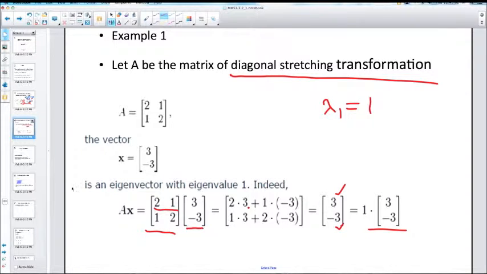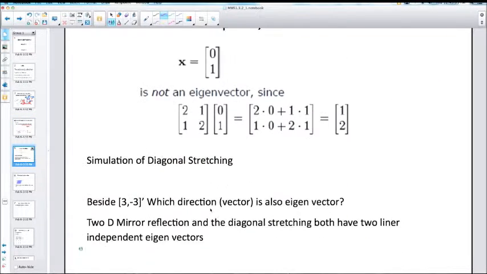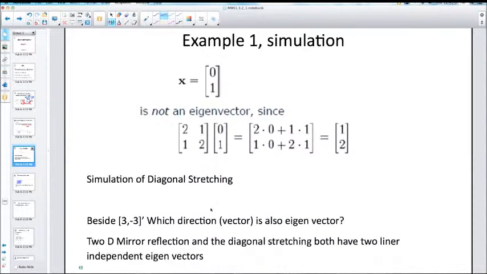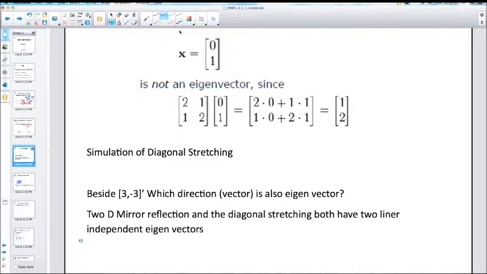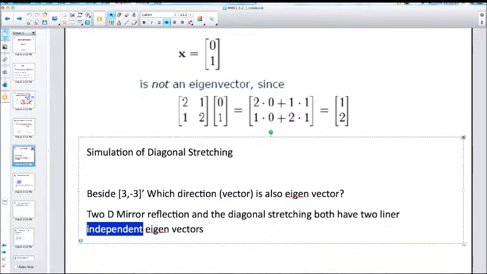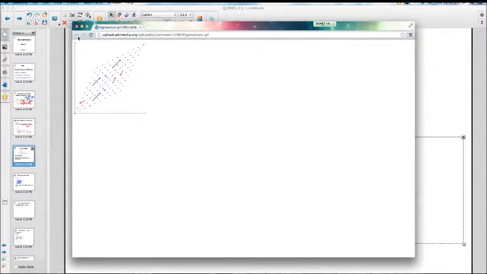Let's look at a simulation to this. Transformation means change the shape.